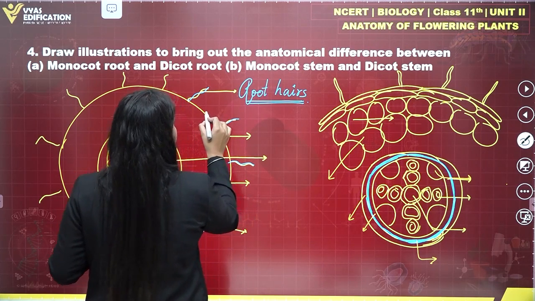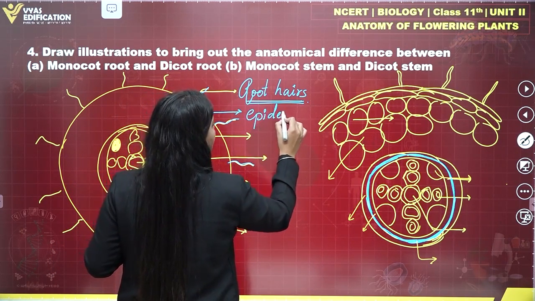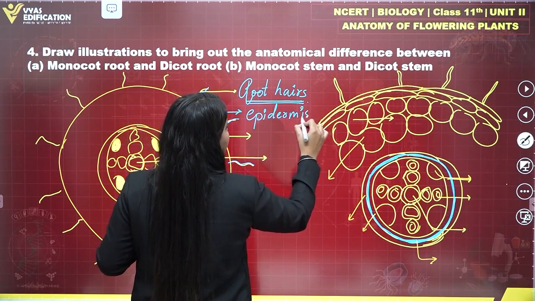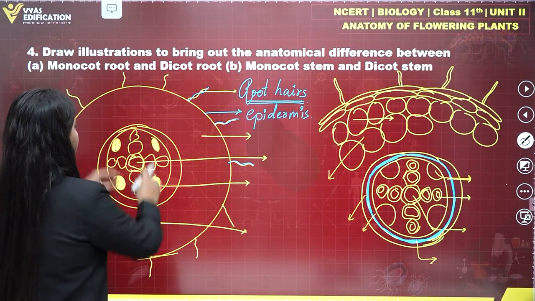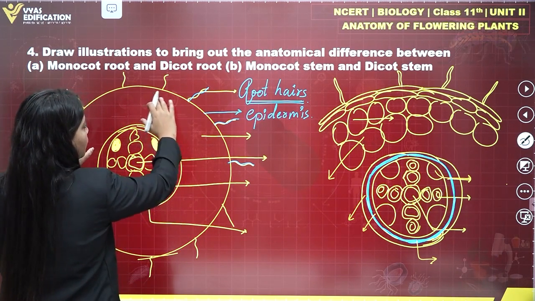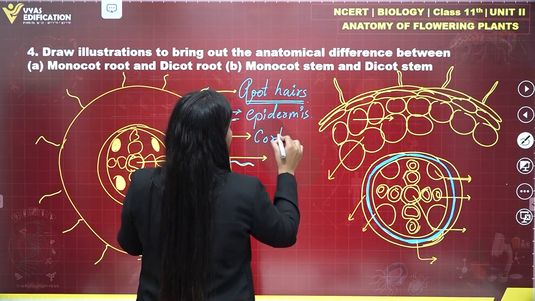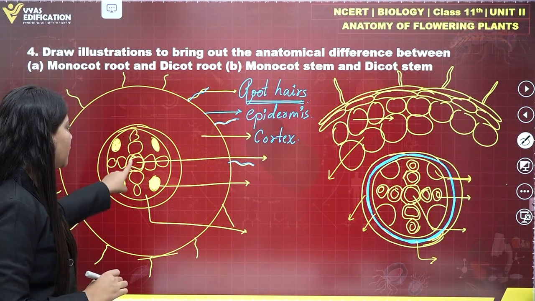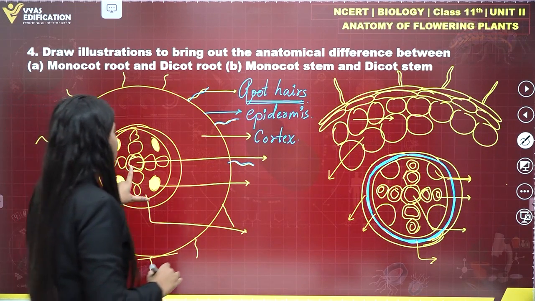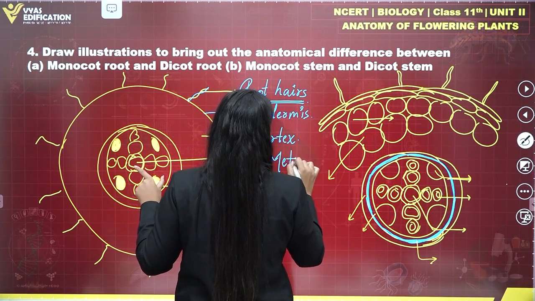So this layer is known as epidermis. Now moving on to the next labeling, this whole tissue here is known as cortex. Then if we talk about this one structure in the middle, you will see this is metaxylem.